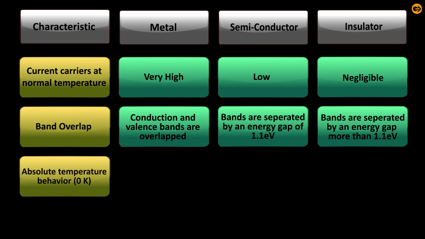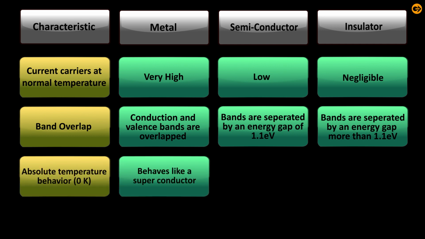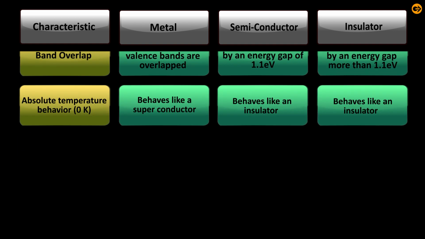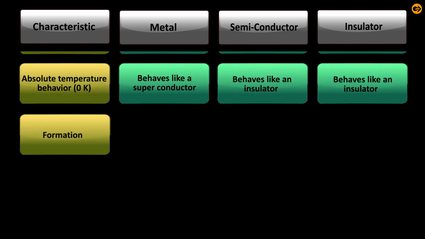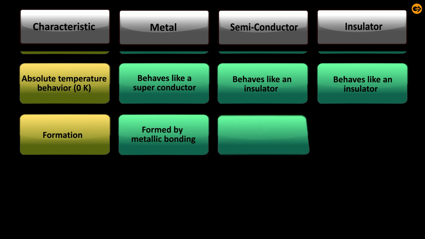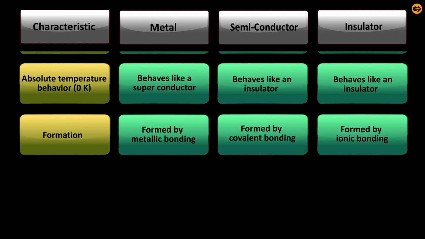At absolute temperature, metal behaves like a superconductor. At absolute temperature, semiconductor behaves like an insulator. And an insulator obviously behaves like an insulator. The formation of metal occurs due to the metallic bonding. The semiconductor formation occurs due to covalent bonding, and the insulator is formed by ionic bonding.